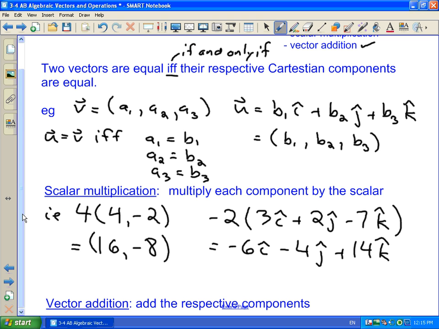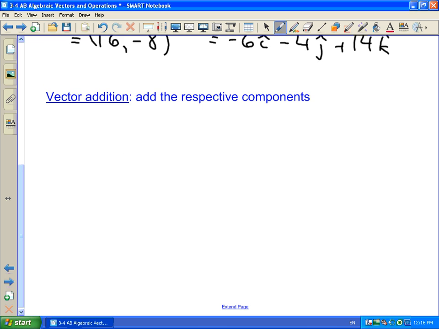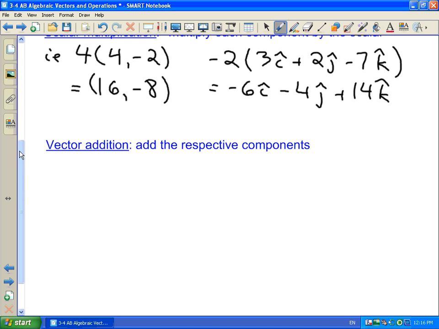Adding these things becomes pretty simple as well. If we're doing vector addition, we're just adding the respective components. So if we have, let's say, the vector 2, -5, and we want to add to it the vector 3, 8, we just add our two x components together, 2 plus 3.